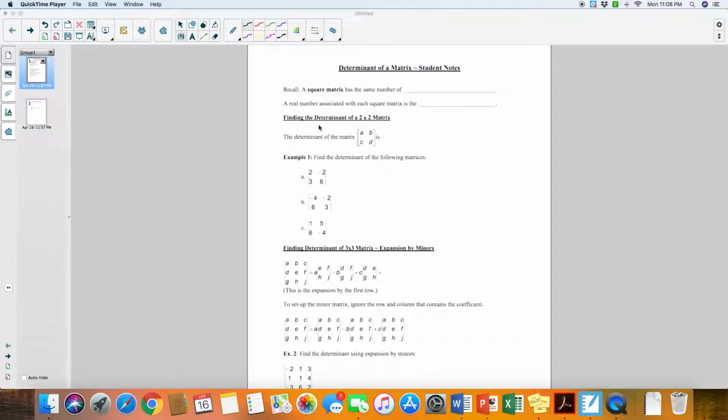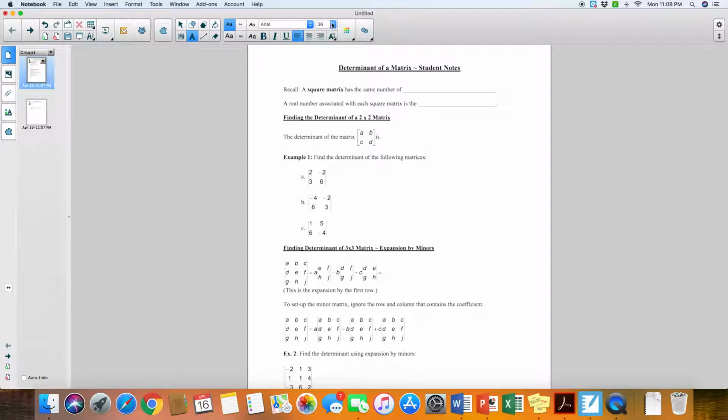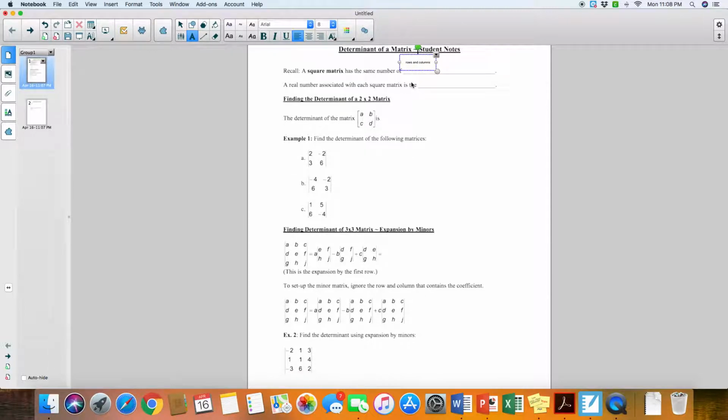All right, so first let's talk about what a square matrix is. A square matrix is a matrix that has the same number of rows and columns. That is kind of small, so let's make that bigger.